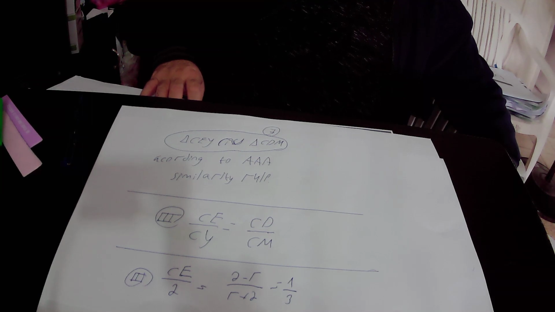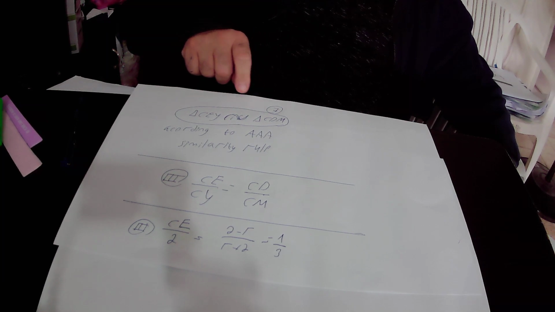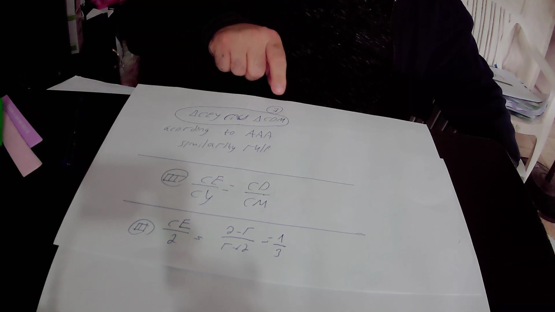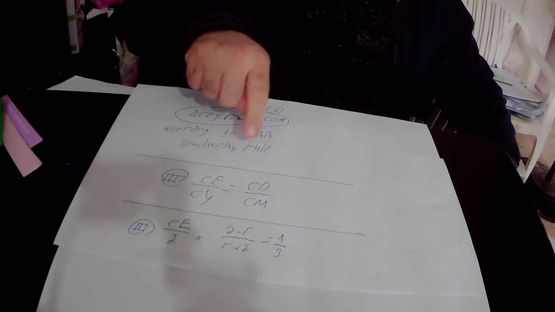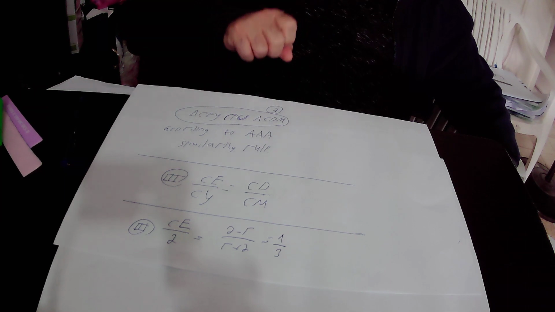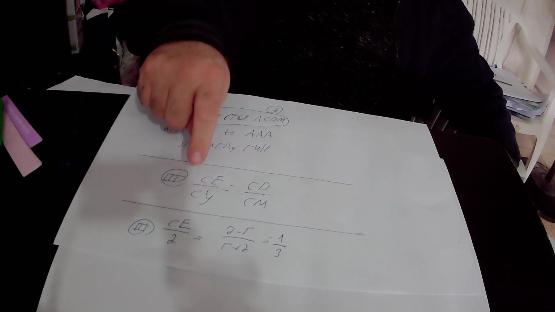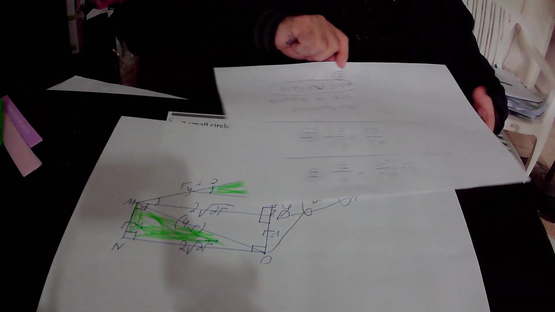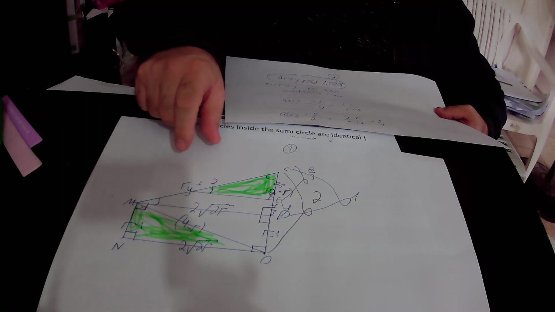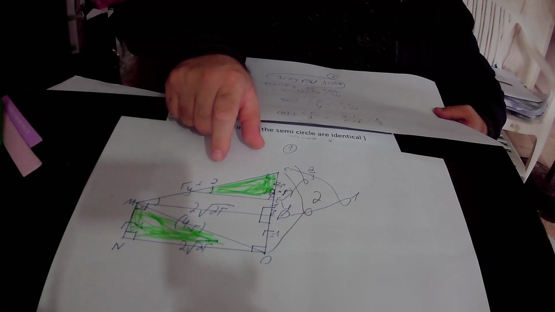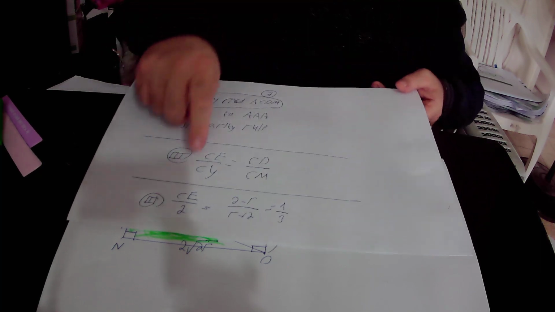And from the fact that triangle CEY is similar to triangle CDM, we conclude that CE over CY in triangle CEY equals CD over CM in triangle CDM. Okay, so CE over CY. We know that CY equals 2 units. Why? Because it is the radius of the middle circle, and the radius of the middle circle equals 2 units.